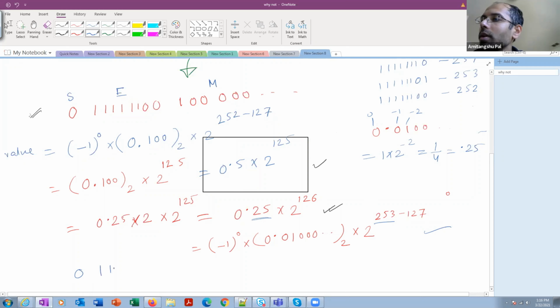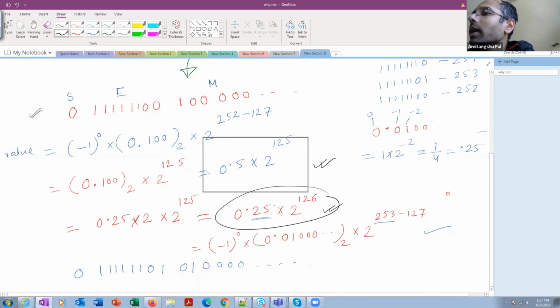The mantissa part is 01 followed by all zeros, 010000. Right? So then you can notice that this value and this value are both identical, right? 0.5 into 2 to the 125 is 0.25 into 2 to the 126. Both are identical. The values are identical, but their binary representation is different.